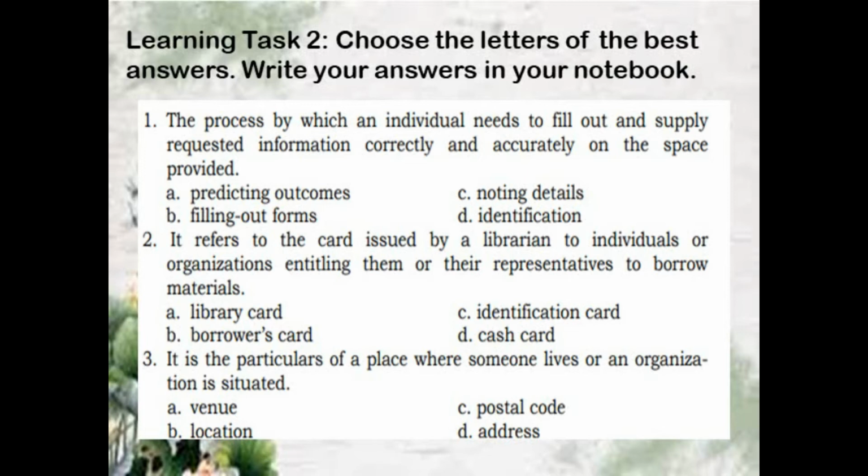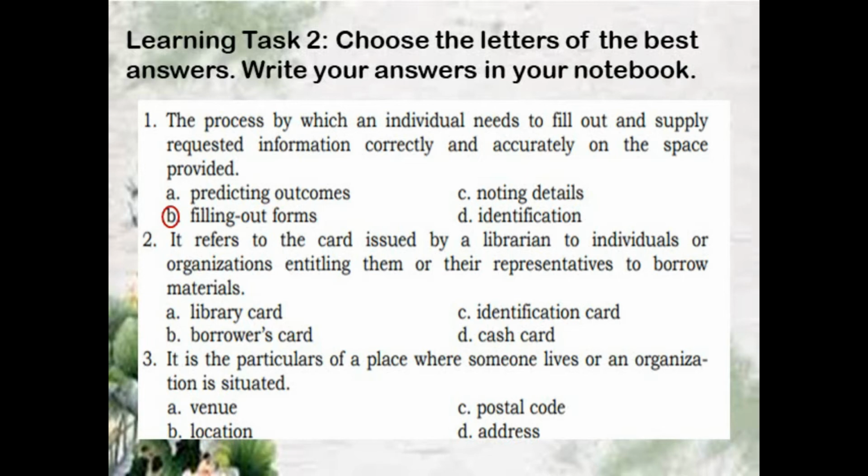A. Predicting outcomes. B. Filling out forms. C. Noting details. D. Identification. What is the answer? Correct. It's letter B. Now, it's your turn to answer number 2 to 10.